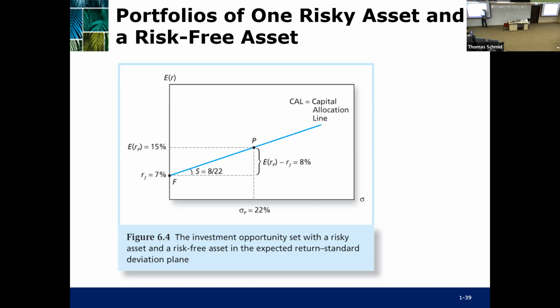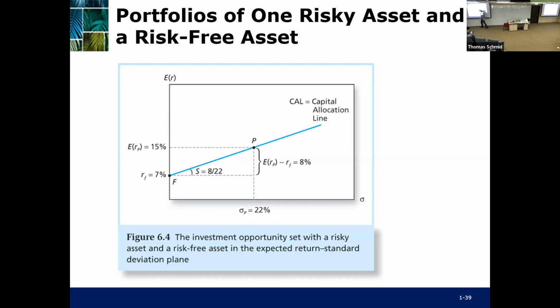Or we can split our money between F and P, then we are in between. Okay? Here everything is quite simple, it's a straight line, everything's linear, because remember, the risk of the portfolio here is just Y times sigma P, in this special case, because the correlation between F and P is 0.